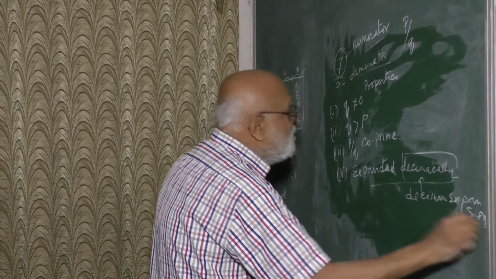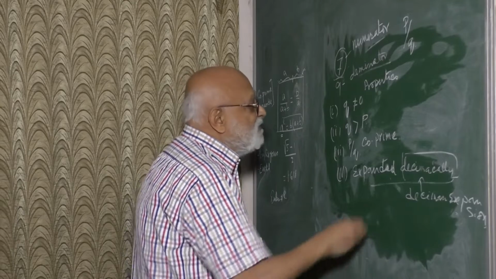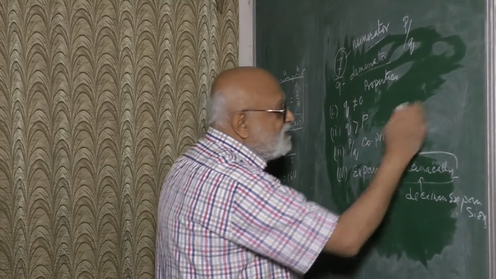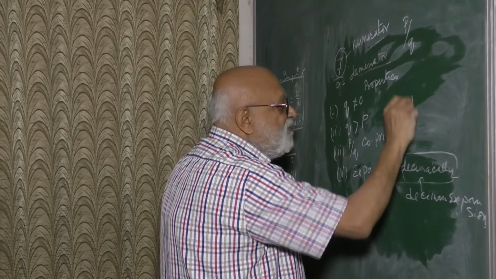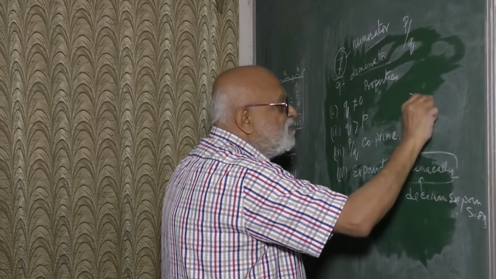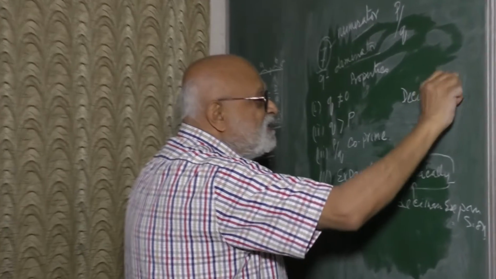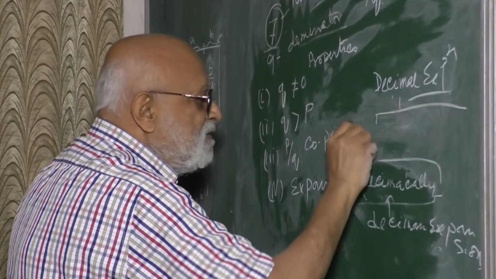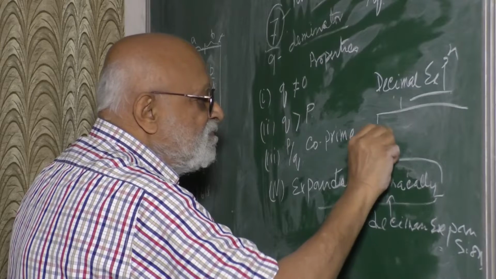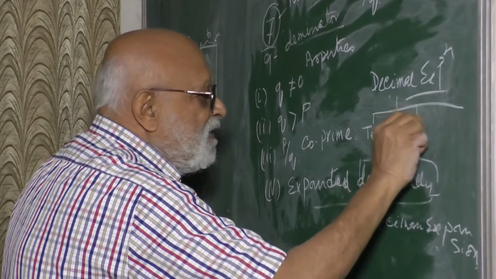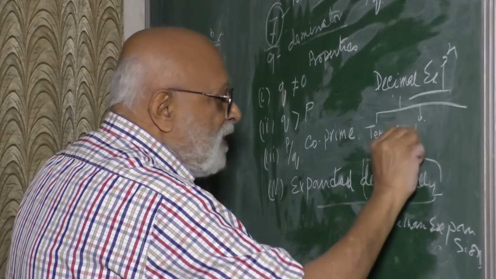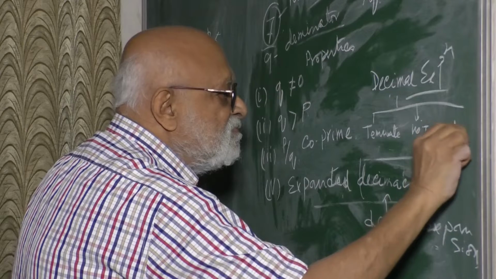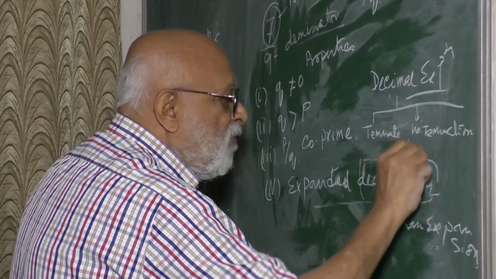And what happens in decimal expansion? If I take decimal expansions, I can erase this again. There is a little bit of space here, so you can have a decimal expansion. And what results come out? One, termination. Two, no termination but repetition.